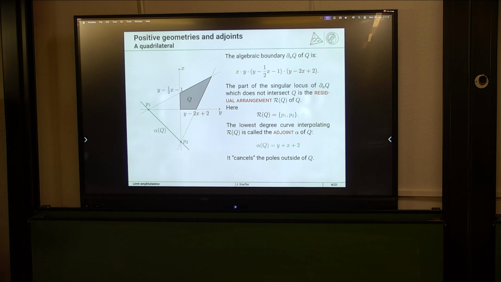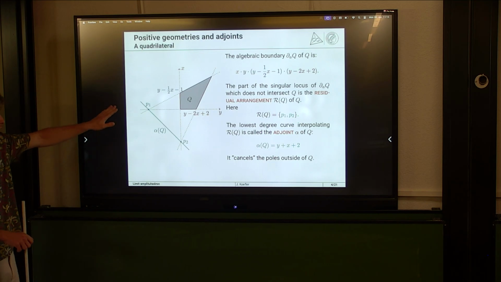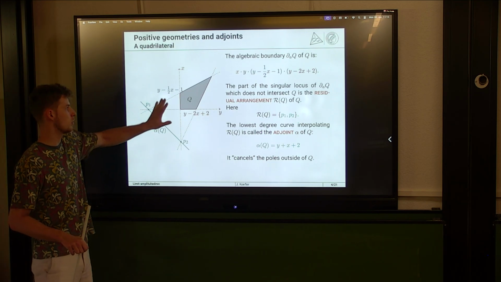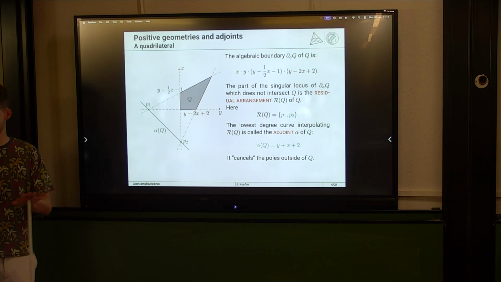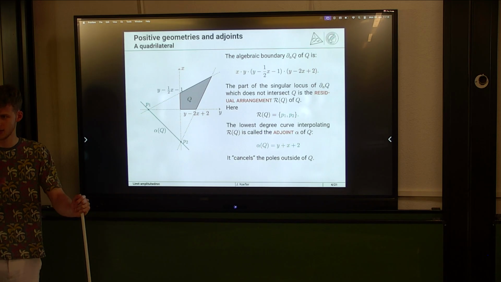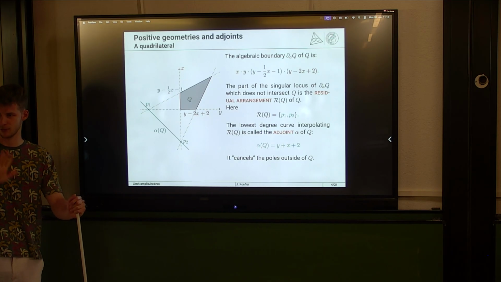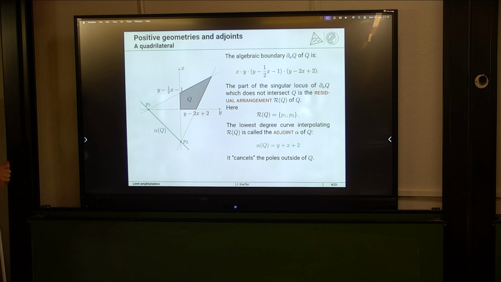Well, you actually need to compute residues at some point, or what we end up doing is this: if your residual arrangement, the algebraic boundary, is really nice, then you get connectedness, and then you will always want to end up with the values at the 0 dimension, at the vertices, to be plus or minus 1, and by connectedness, this tells you what scaling to choose for the overall adjoint to make that work.